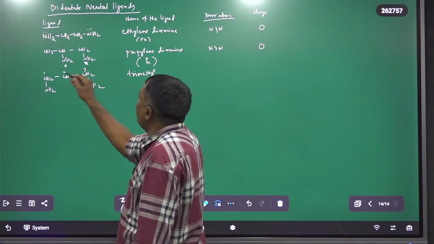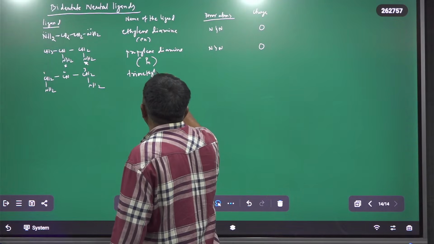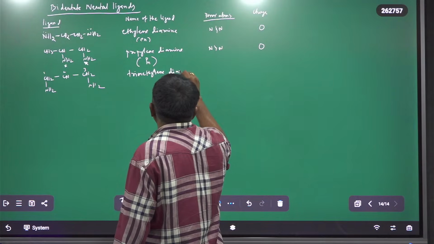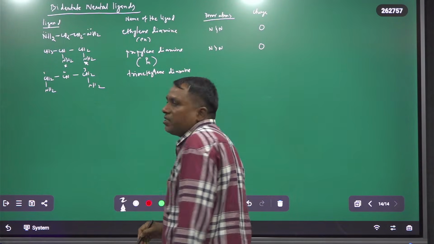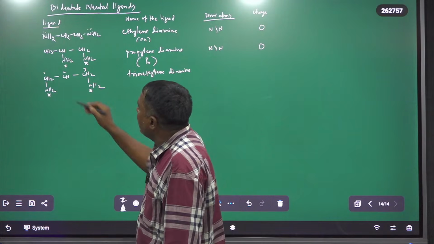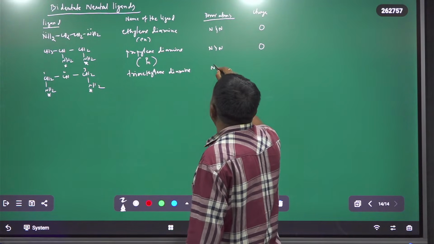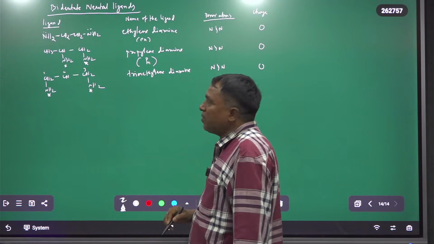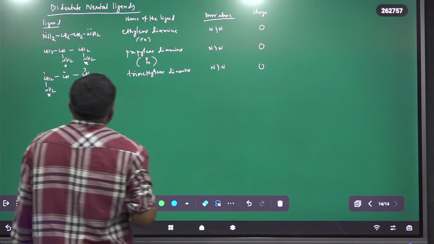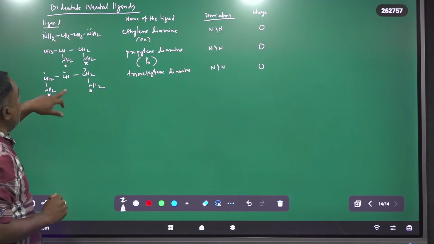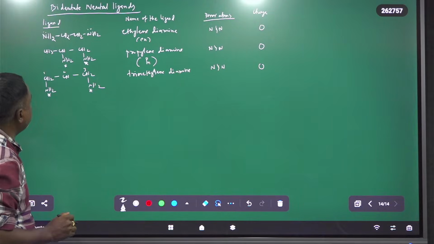Therefore there are 3 methylenes, so trimethylene diamine. Diamine means it is bidentate. This is one donor atom and this is another donor atom, both nitrogens, and this is also a chargeless species, therefore it comes under neutral ligands. So this is ethylene diamine, this is propylene diamine, this is trimethylene diamine.